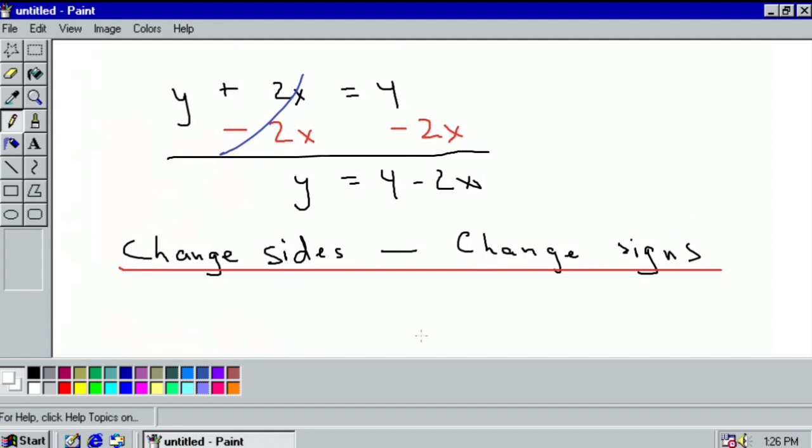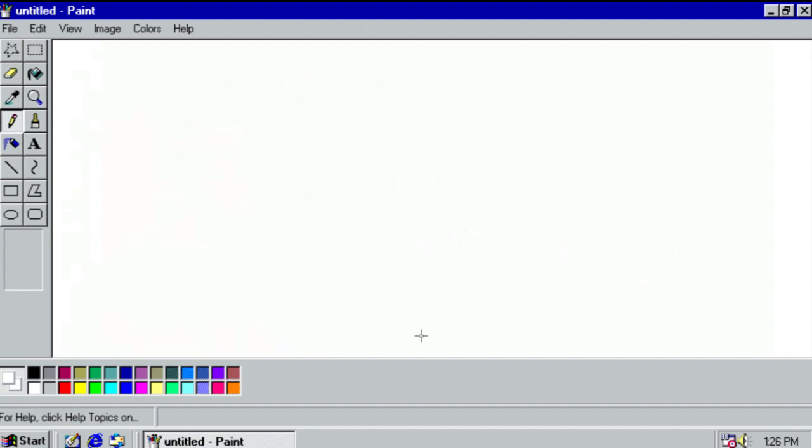Authors of algebra books published in the late 1800s call this process transposition.